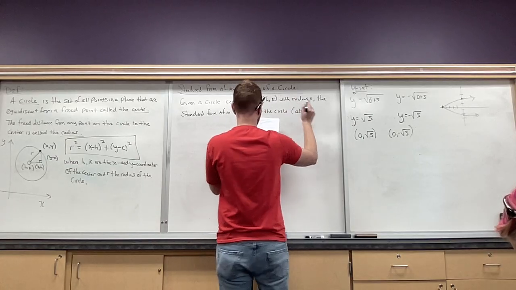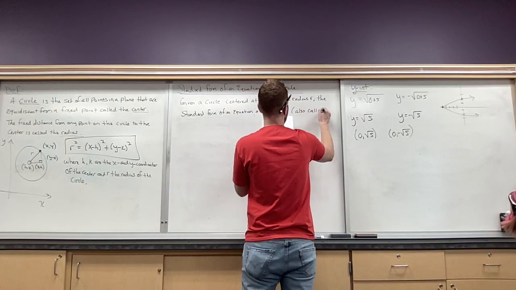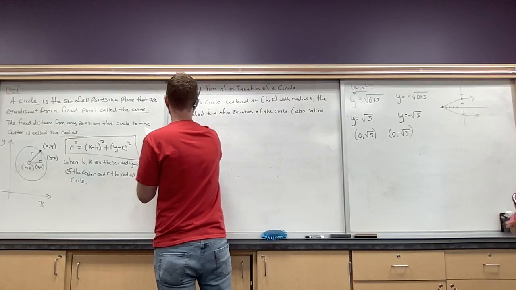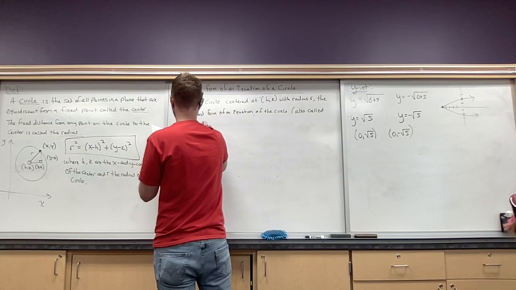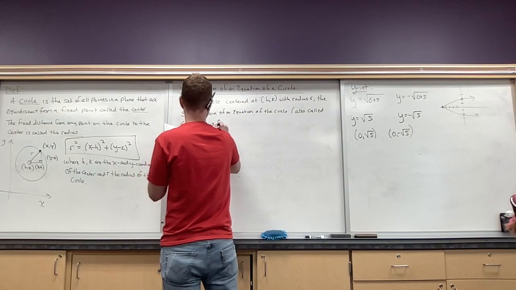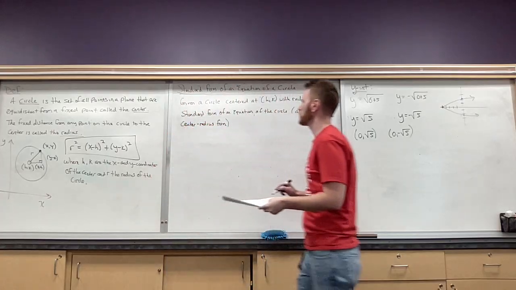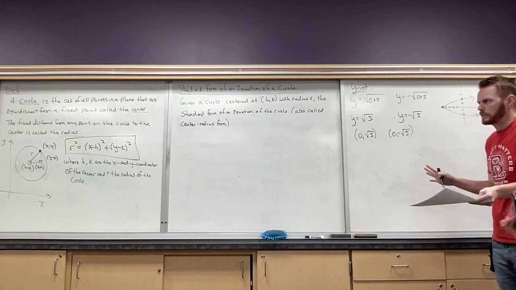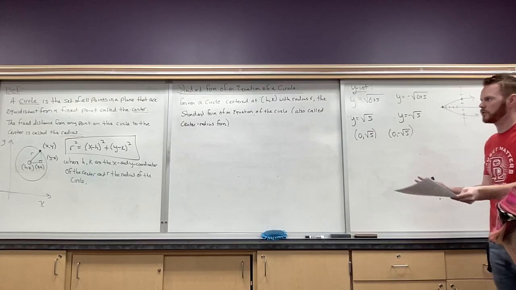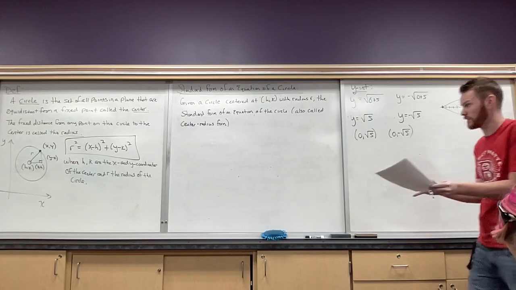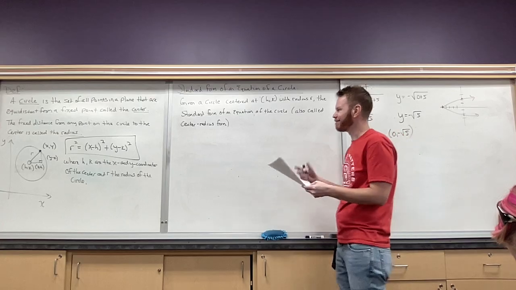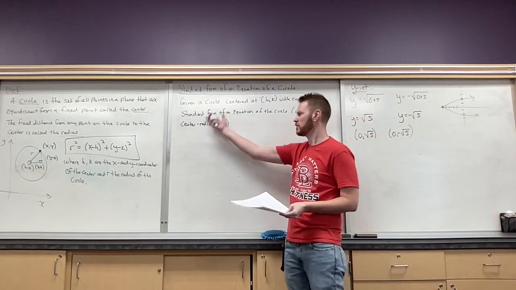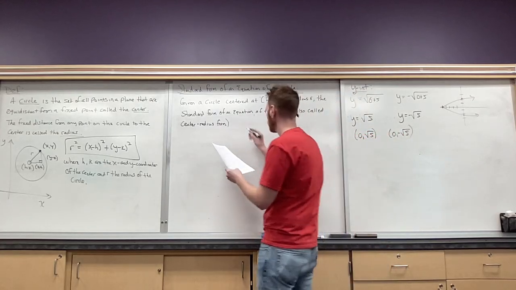And I threw this in here as well. It's also called the center-radius form. Okay, you could say the words standard form, you might hear center-radius form. It's the same thing, but I at least want you to be aware that that also exists in this world. But just from my experience, I usually just hear standard form all the time.